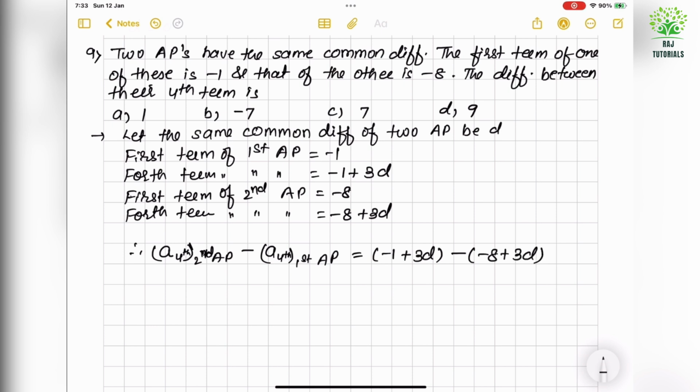So that will be -8 plus 3d plus 1 minus 3d. So if I cancel, that is -7. So the difference will be 7.